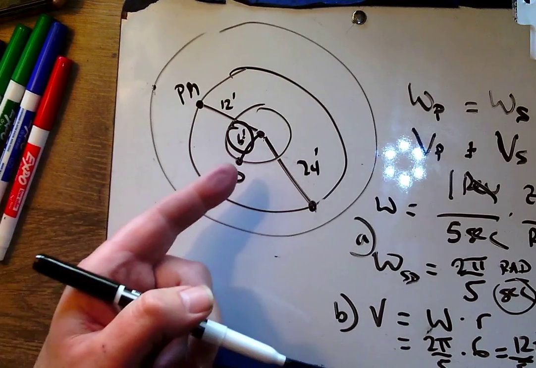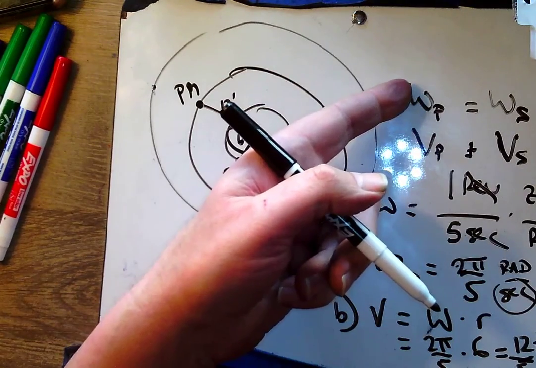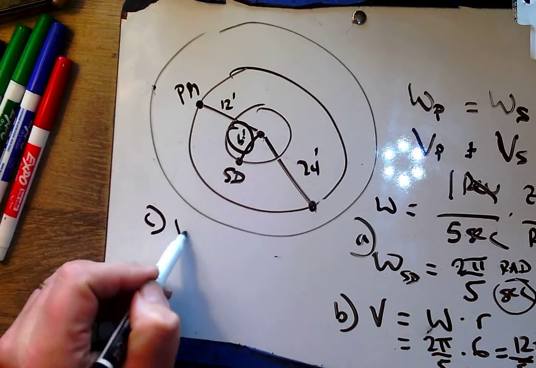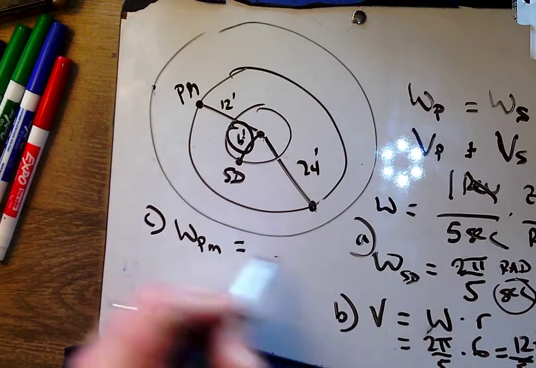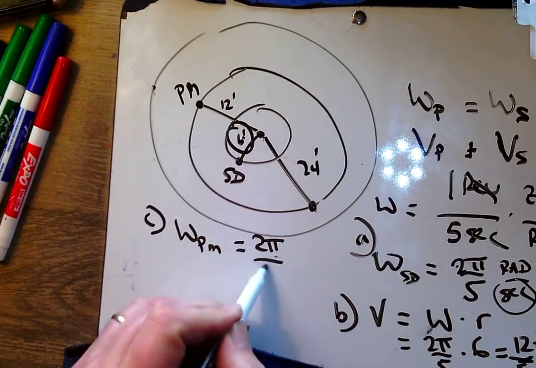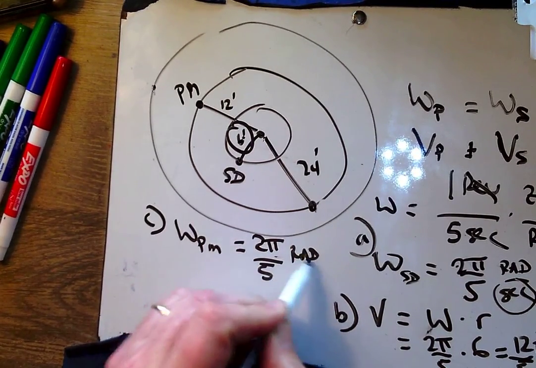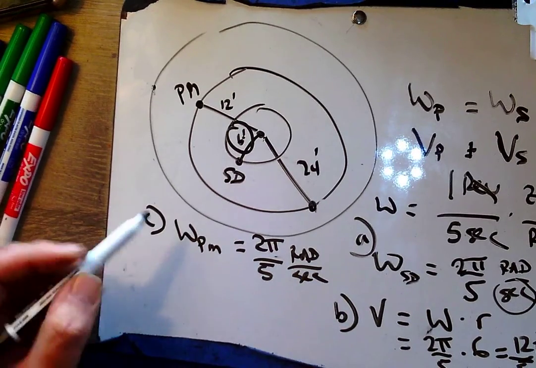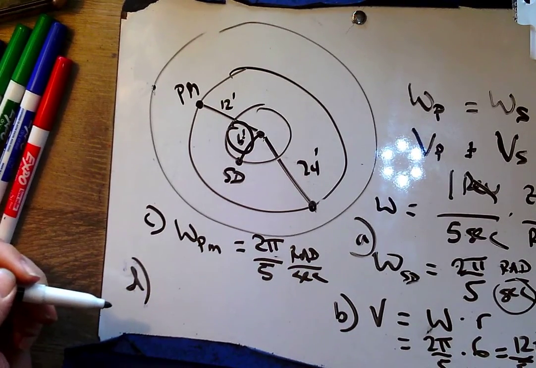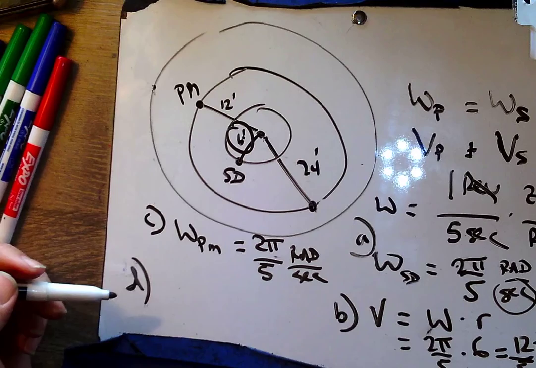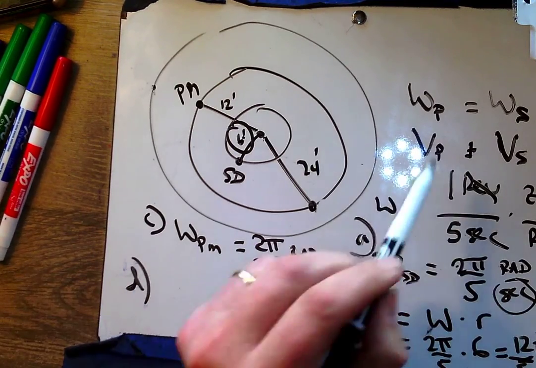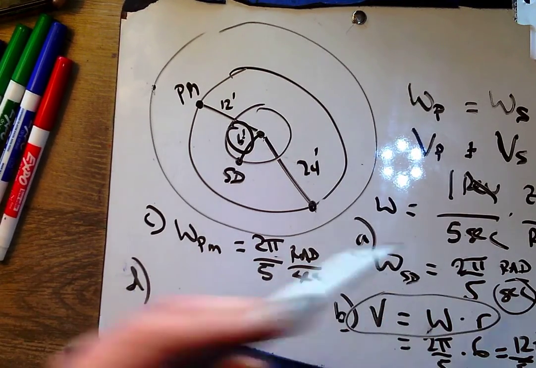Okay, part C, find the angular velocity of the praying mantis. Well, on the spinning disk, the angular velocities are the same. So the angular velocity for the praying mantis is going to be the same, 2 pi over 5 radians per second. And finally, part D, we're asked to find the linear velocity of the praying mantis. We're going to use that formula again.